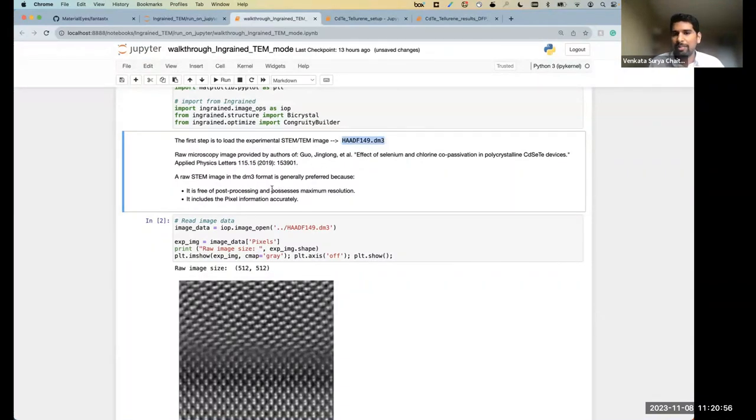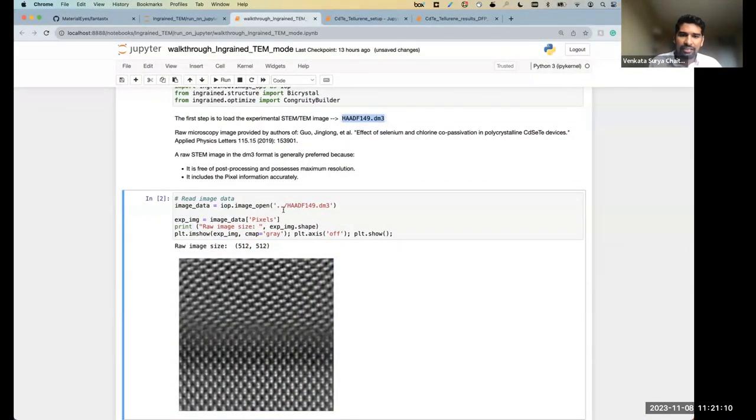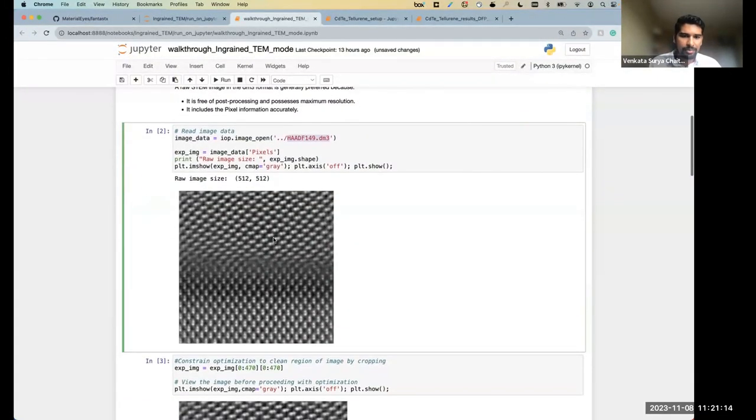Typically we prefer the DM3 format because it does not involve any post-processing, and it also has the metadata, which includes the pixel information corresponding to the size. So here we have such a DM3 image corresponding to the cadmium telluride grain boundary.